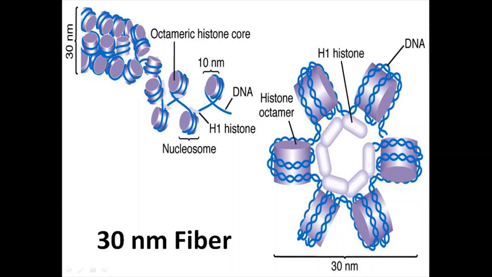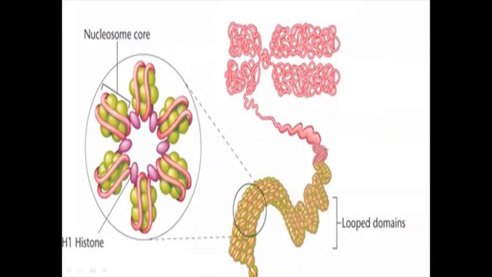The packaging of DNA shortens the fiber length about 7 folds. In other words, DNA which is 1 meter long will become just a 14 centimeter long fiber. Despite the shortening, DNA is still too long to fit into the nucleus.